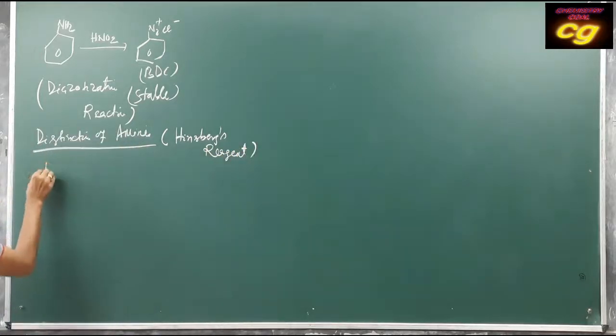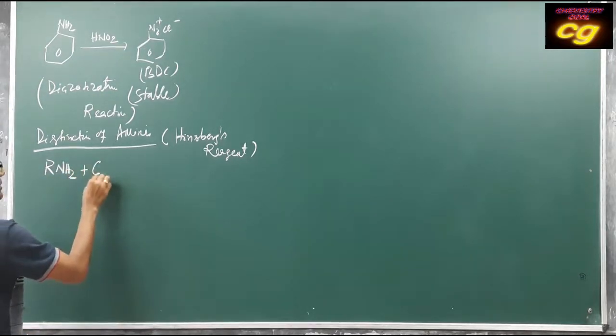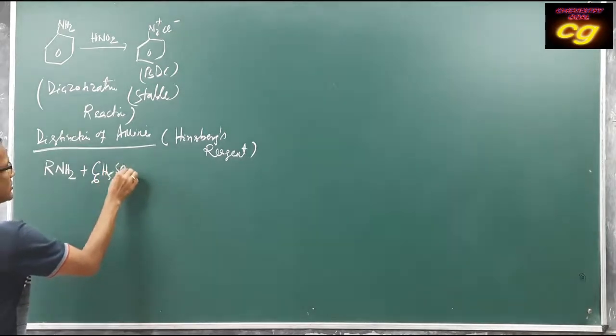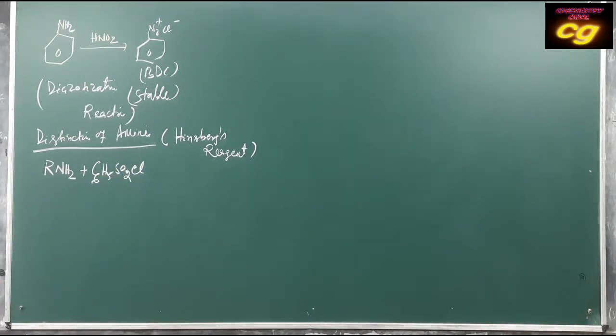If you take a primary amine, aniline also gives this reaction. The primary amine first reacts with the Hinsberg reagent, C6H5SO2Cl. This is called benzene sulfonyl chloride. This is called Hinsberg reagent.